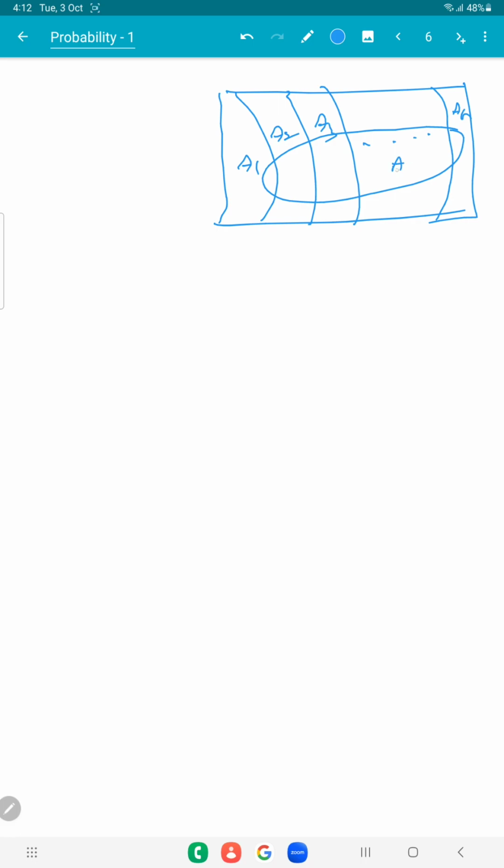So this is the event A. This is A intersection A1, this is A intersection A2, this is A intersection A3. These are also mutually exclusive. This is the sample space S. So we have A is equal to S intersection A, or A intersection S.